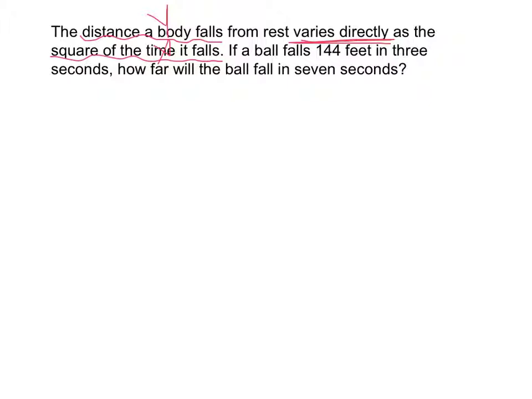So if we think about our basic template, we usually have y equals kx. In this case, we have distance, and distance varies directly not just as the time, but as the square of the time, so time squared. So now we have our generic equation. We can find our specific equation by looking at the information given.